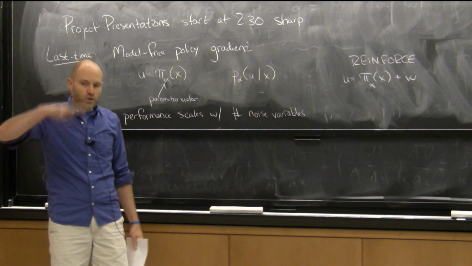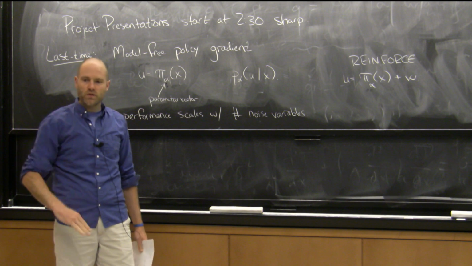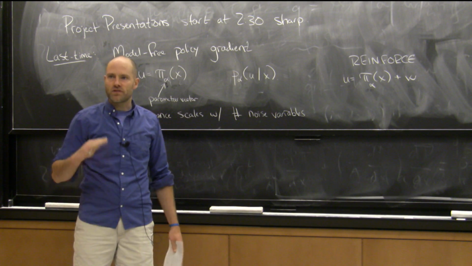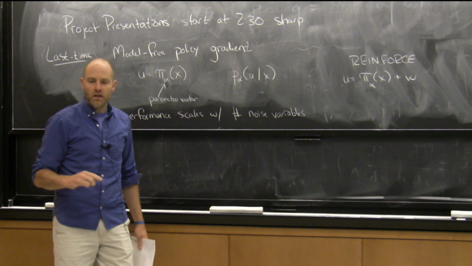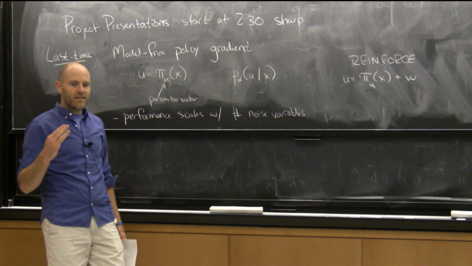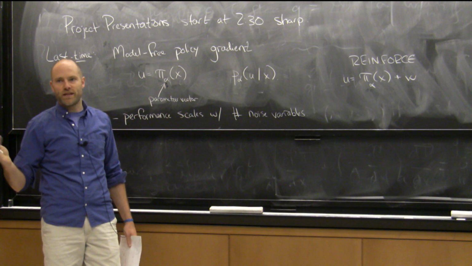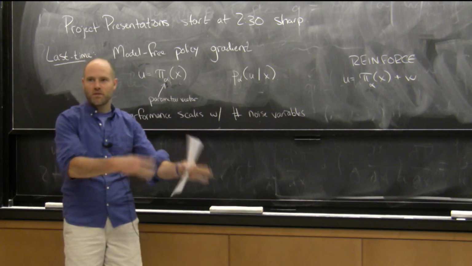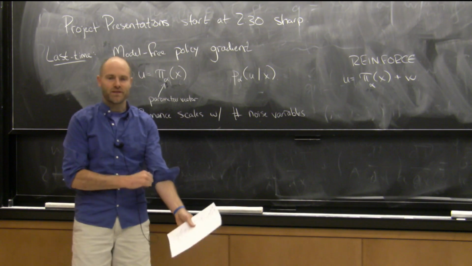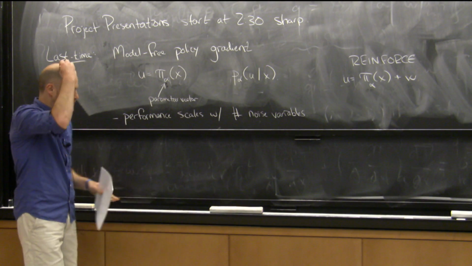So the fluid dynamics experiment was a ridiculously complicated dynamical system. It took me a long time to simulate, but the performance of the learning algorithm was invariant to the complexity of the fluid dynamics. I could have put more fluid dynamics in somehow, with more boundary conditions or something like this.